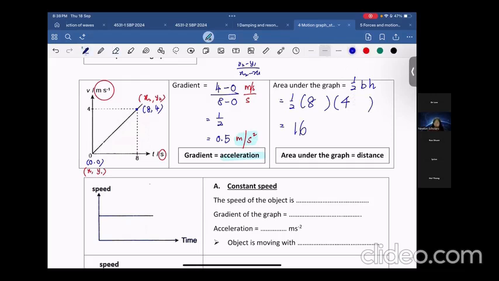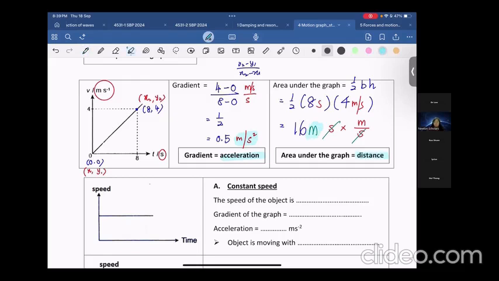Okay, boys and girls, you look here. X is second. 4 is meter per second. Second times meter per second, so second and second can be cancelled out, and you will be left with meter. So when we calculate the area under the graph, we are getting distance.